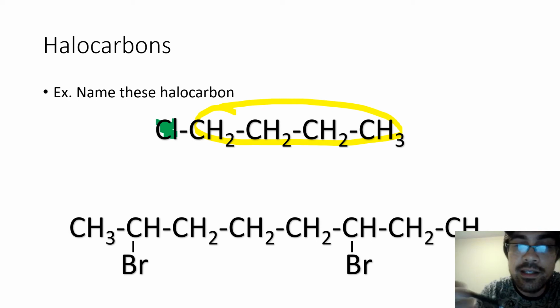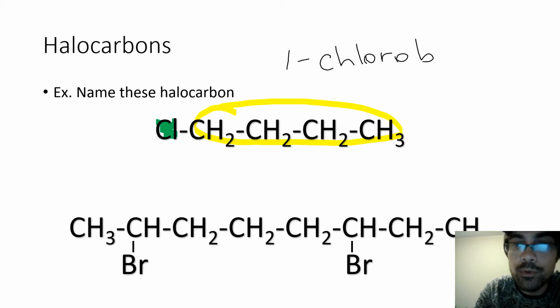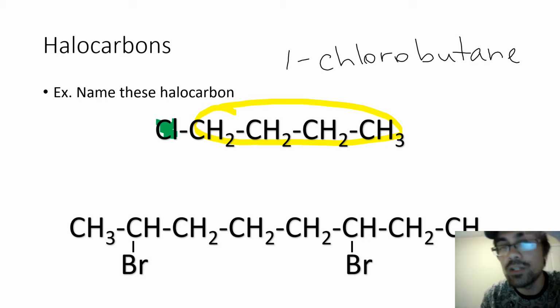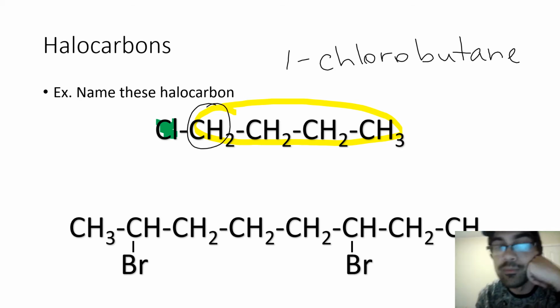So this would be 1-chlorobutane. Right? And again, we're still going to use numbers to indicate which one the halogen is attached to. And since it's the first carbon in the group, it is 1-chlorobutane.